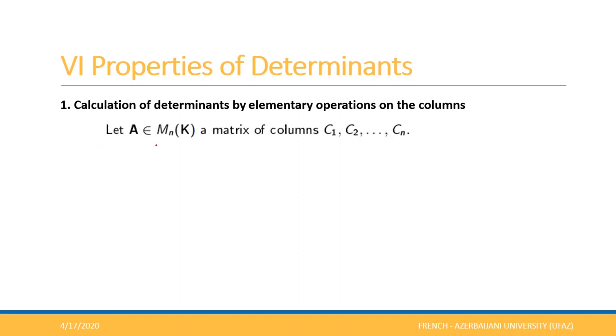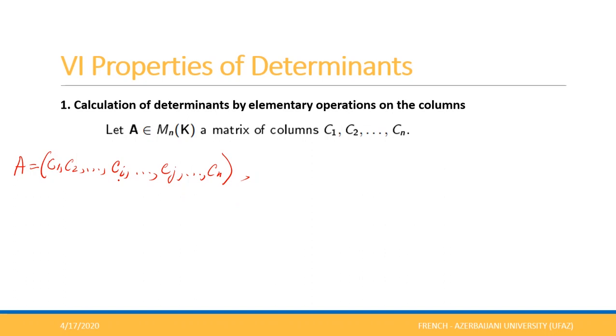Suppose we have an n times n matrix A and C1, C2 and so on Cn are the columns of this matrix. For the matrix A, I will use this notation: A is C1, C2, Ci, Cj, Cn.